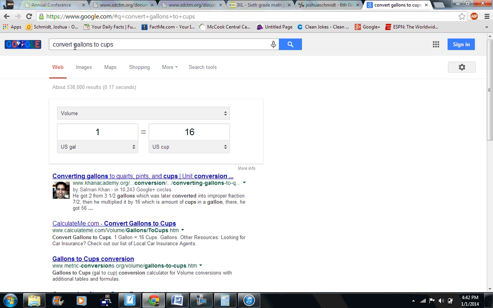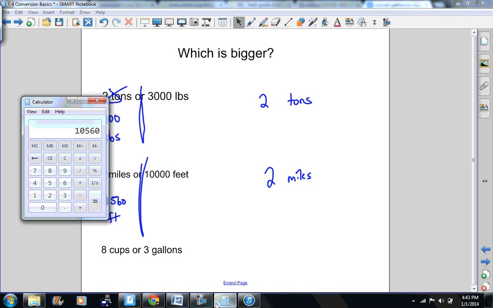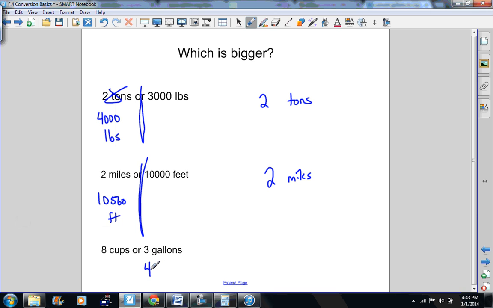Therefore, 1 gallon is equal to 16 cups. So here we have 3 gallons, so we're going to go 3 times 16, which is 48 cups. Now we're comparing these two numbers. 48 is bigger than 8. Therefore, 3 gallons is bigger. All right?